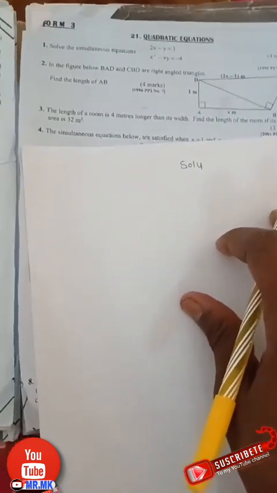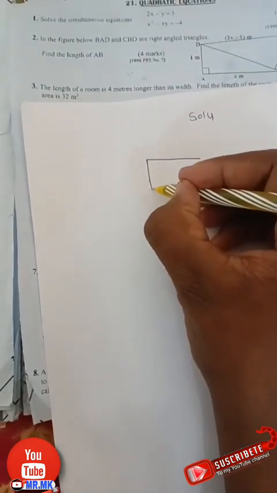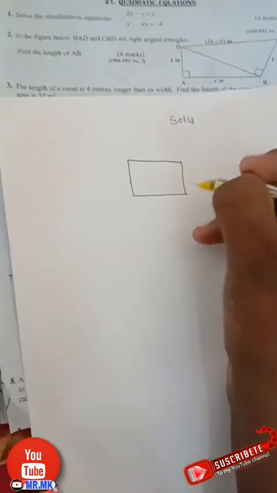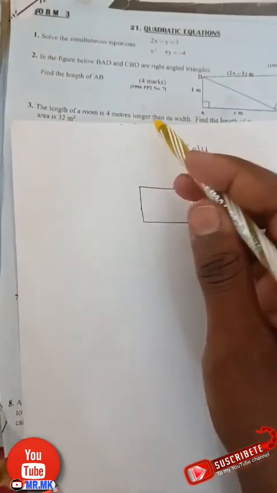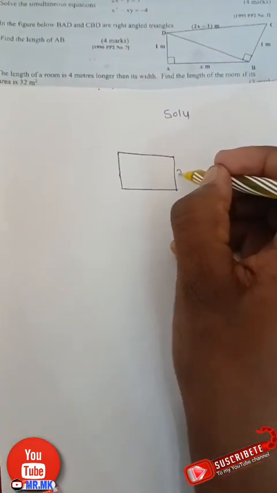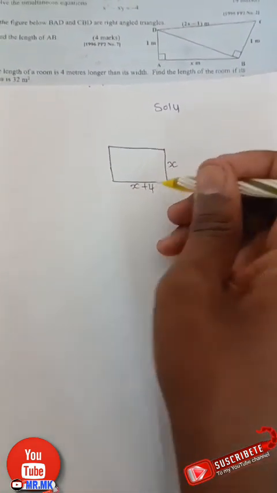Now the length of a room is 4 meters longer than its width. Let's assume this is my rectangle here. Let's draw the rectangle. Let's say the width is x, and the length is x plus 4.